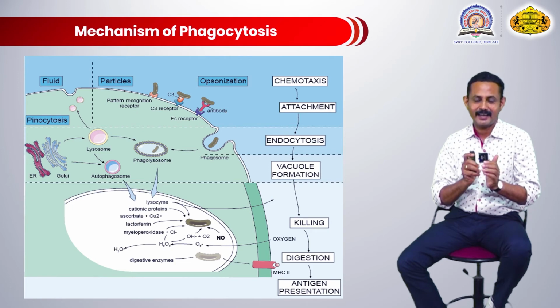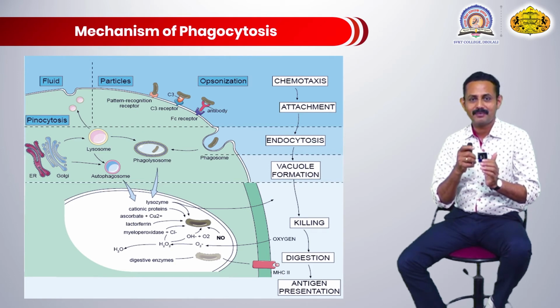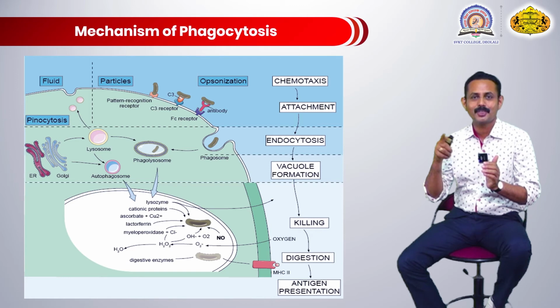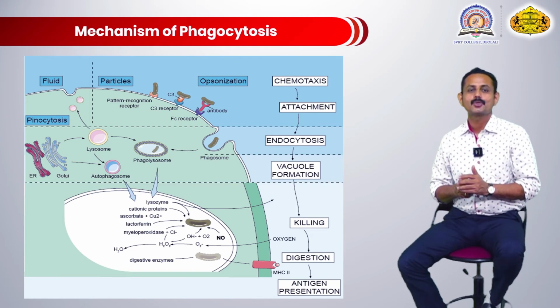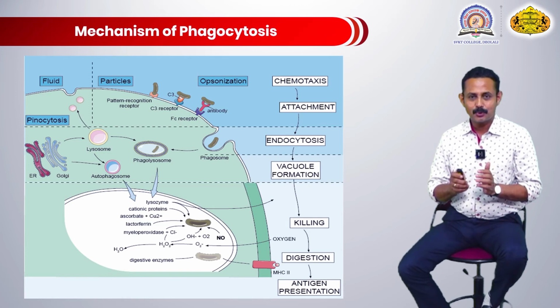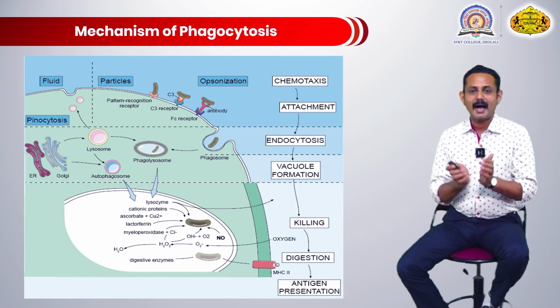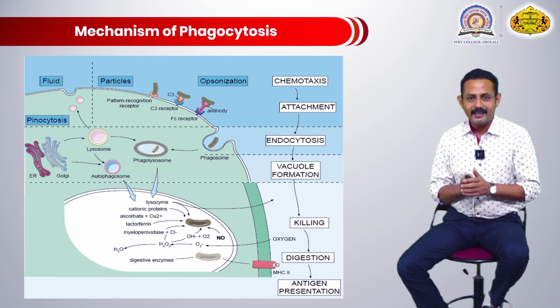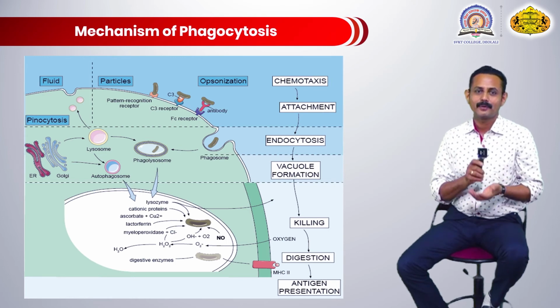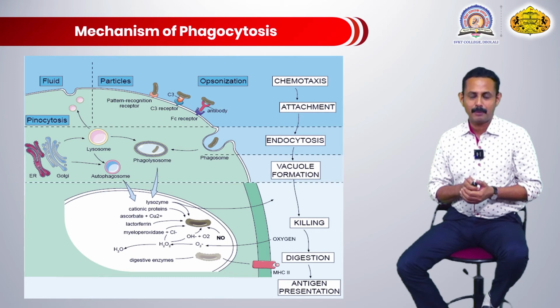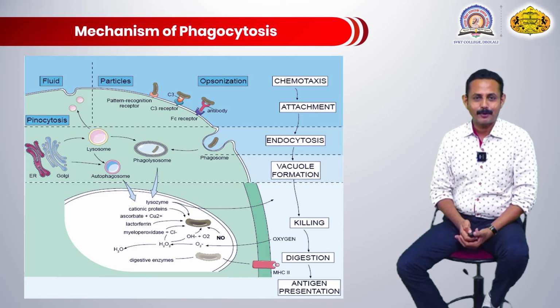The pocket is formed by extensions of the cytoplasmic membrane, and these extensions are called pseudopodia. These pseudopodia form the covering around the antigen, and it is invaginated from outside toward the cytoplasm inside the cell, and that is called a phagosome.